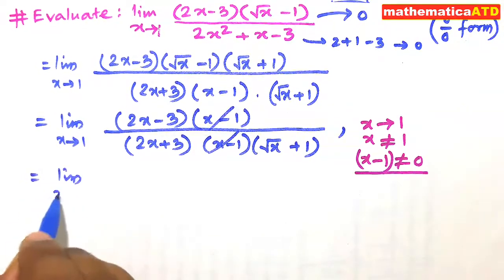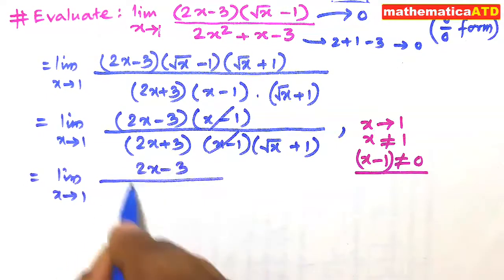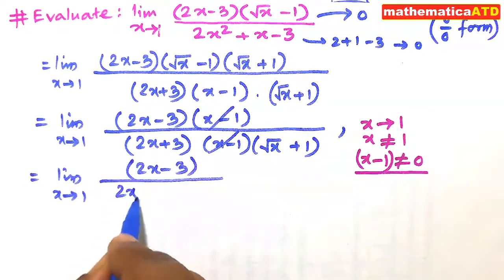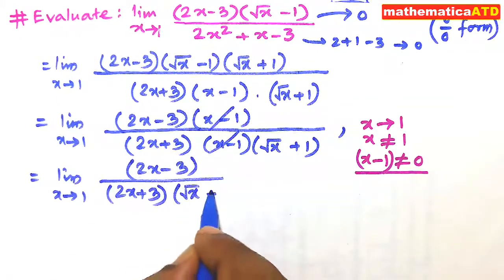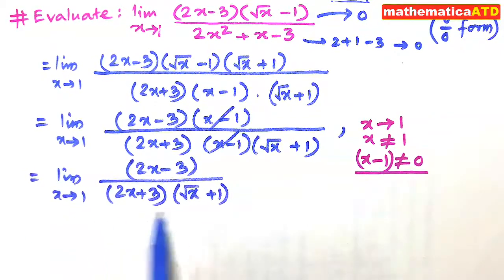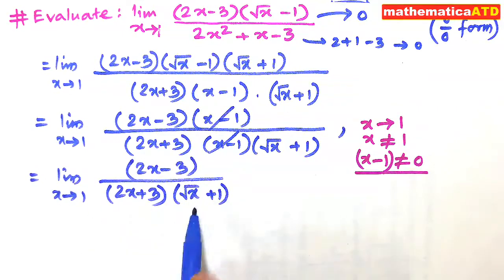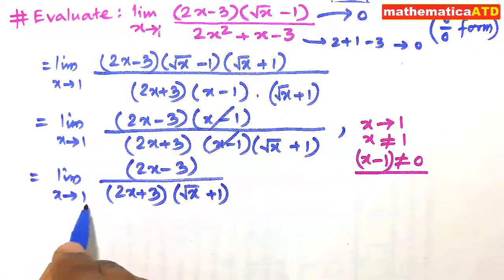So write it. Limit x tends to 1, numerator is 2x minus 3 divided by (2x plus 3) into (root x plus 1). Now friends, at x equal to 1, the denominator is not now 0. So you may put the value x equal to 1.